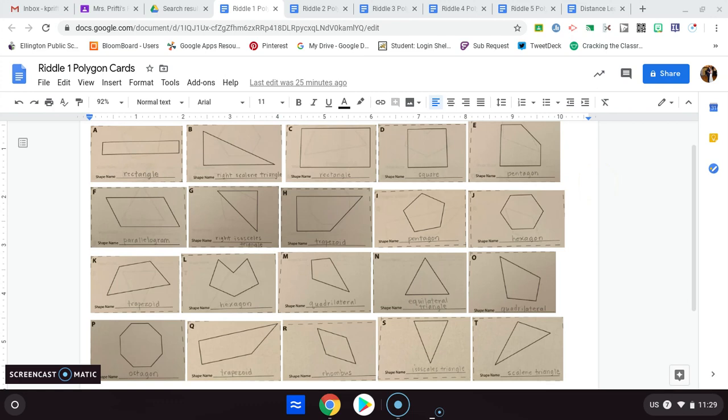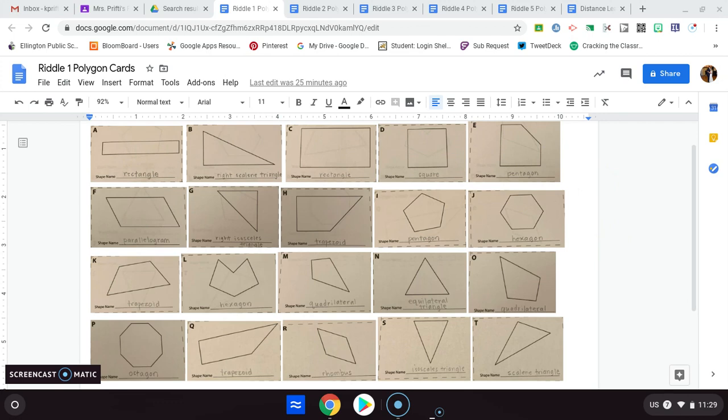If you don't, pause the video, get your supplies set, and come back when you're set. If you're ready to go, set up your desk, your table, wherever you're working to look like my screen. I have 4 rows, and in each row there's 5 polygon cards, and it goes A, B, C, D, E for the first row, F, G, H, I, J for the second, K, L, M, N, O for the third, and the last one is P, Q, R, S, T. So I have them in alphabetical order.